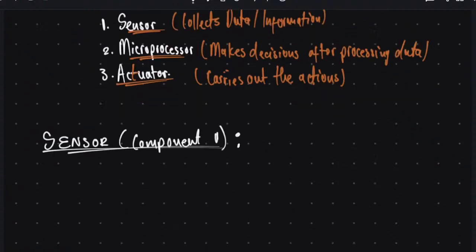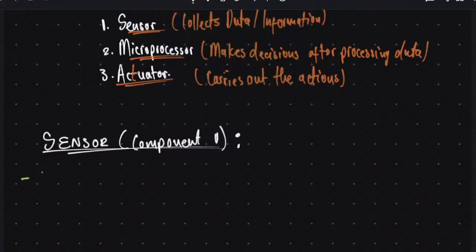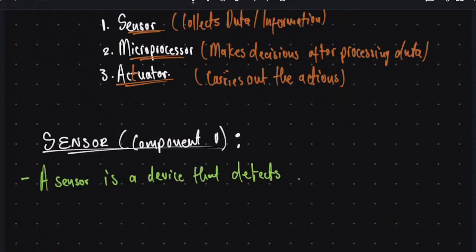What is a sensor? A sensor is a device that detects, well done, detects something in the environment, or measures some quantity.